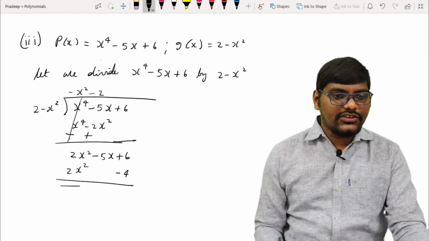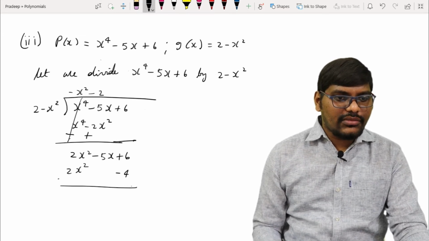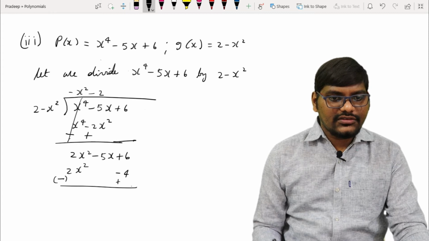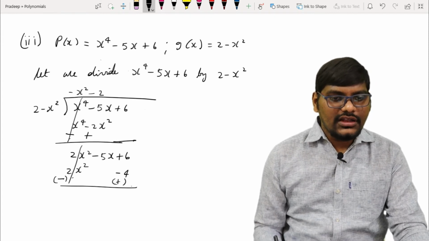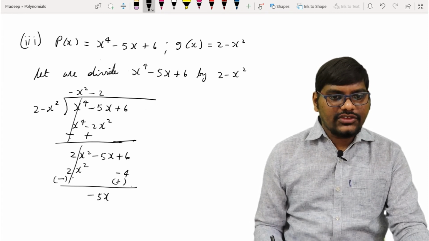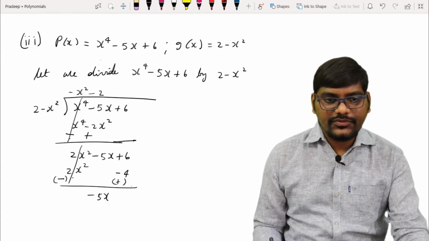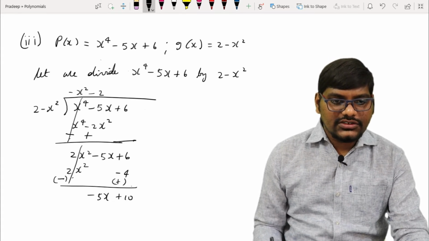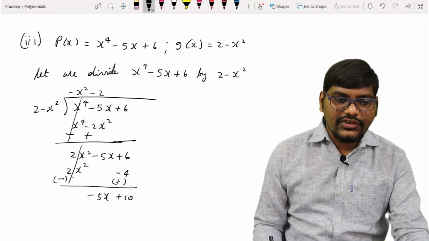Okay, let's change the signs. So this is minus and this is plus, so these both get cancelled. Remained is minus 5x and this is 6 plus 4, that was how much? It was 10 as a value which we got.